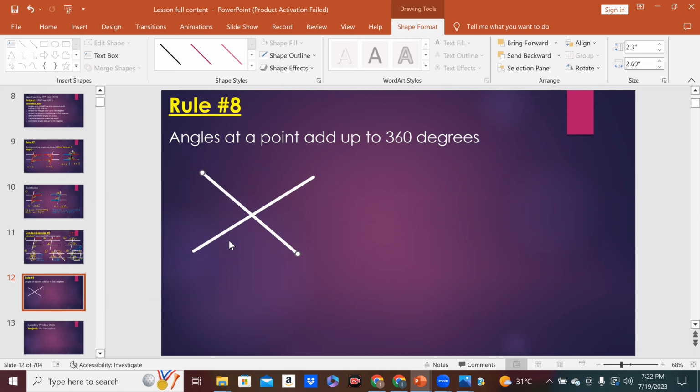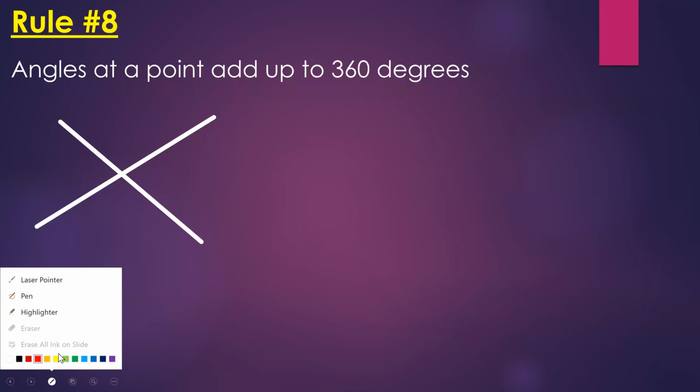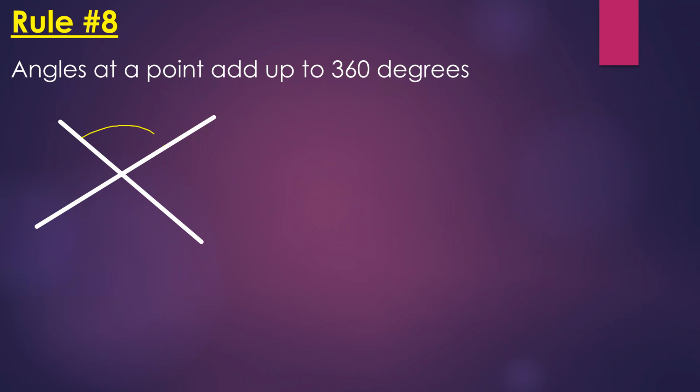It says that if, for example, this is A, this is B, this is C, and this is D, then A plus B plus C plus D adds up to what? 360 degrees. Very good.